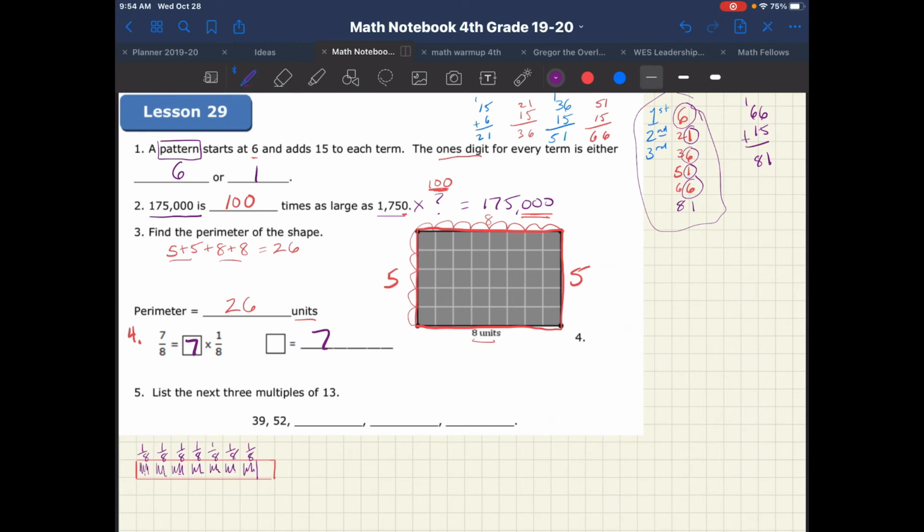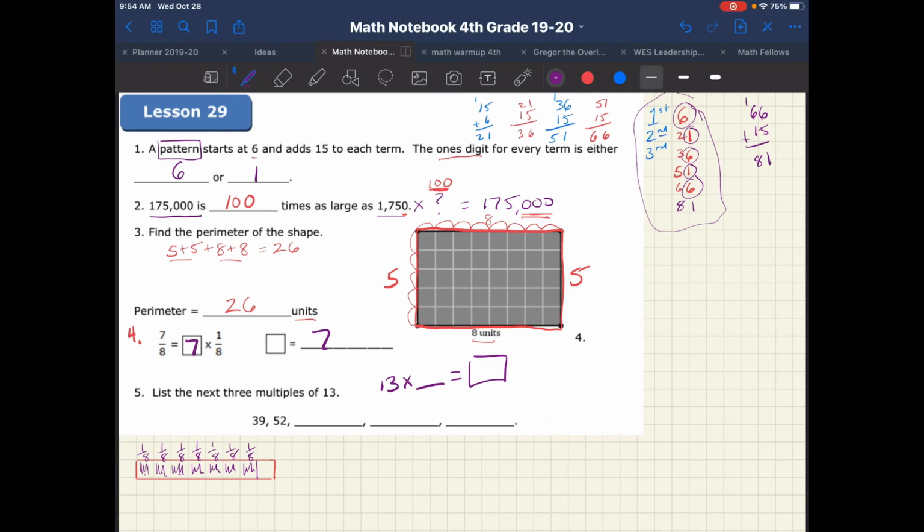Okay, the next 3 multiples of 13. So multiples of 13 means all these numbers are 13 times something, multiplying by 13. Okay, and the multiples are here. And so that means that 39 is already a multiple of 13, and I'll tell you what, 3 times 13 is 39.